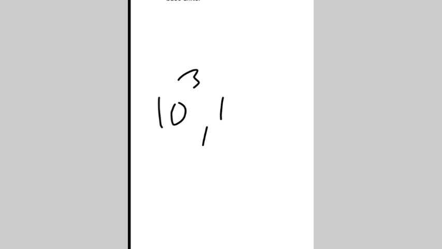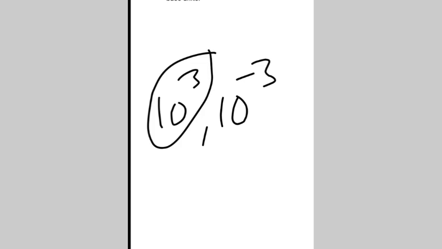If we have 10 power negative 3, what term is used for this one? So it's very, very important for us to know the terms, because sometimes they can't just say 10 power 3 or 10 power negative 3, but there is simply a term that they can use to refer to these numbers. So it's very, very important for us to understand.